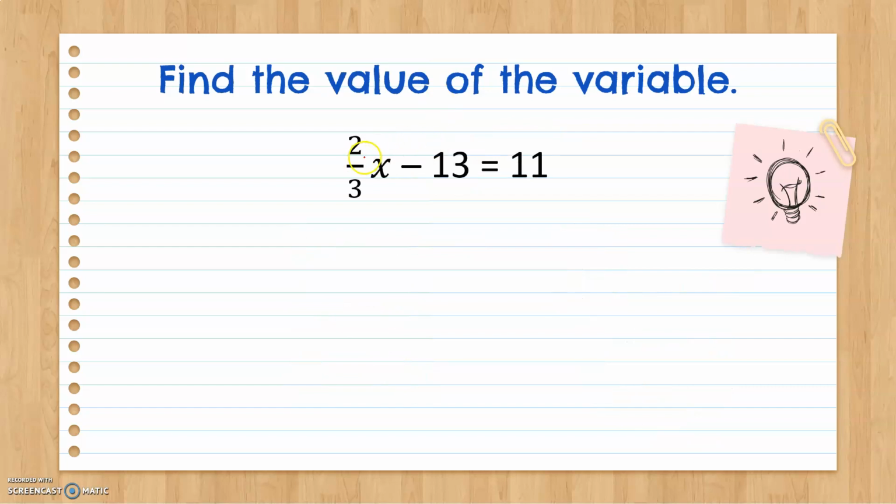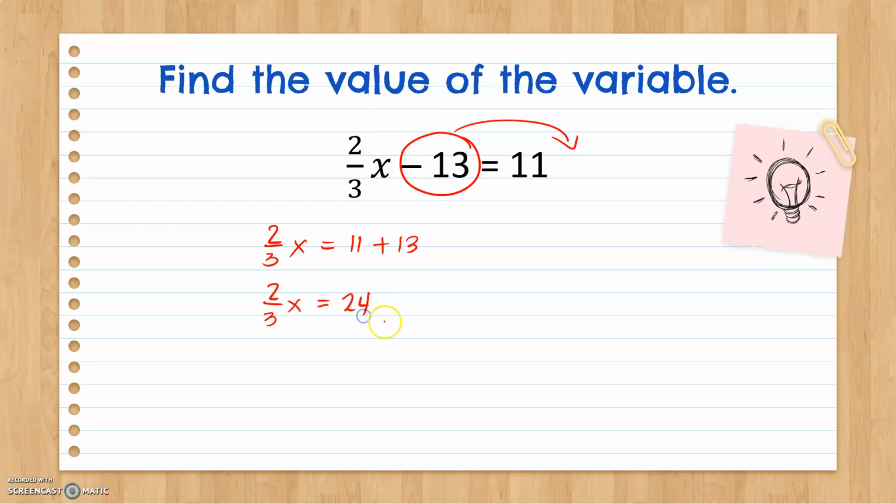Another example, 2/3 x minus 13 is equal to 11. Again, let us transpose first the constant. So we'll have 2/3 x equals 11 plus 13. So 2/3 x is now equal to 24.